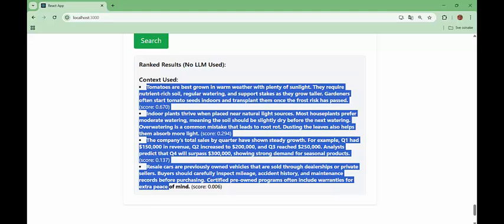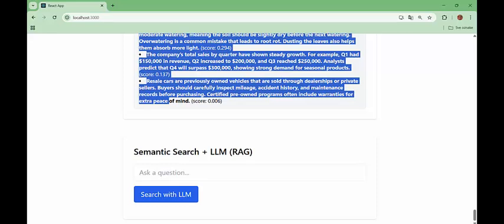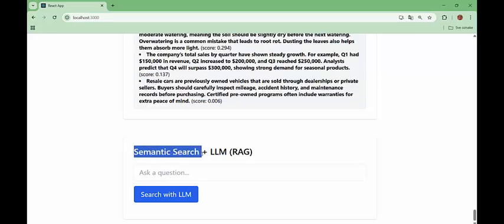In YouTube, Google and Amazon, when they search, embedding search only uses their data. They don't ask for anything. But in some situations where we look at some content, they want a summary. And in that situation, they use an LLM. It means here it is semantic search plus LLM.